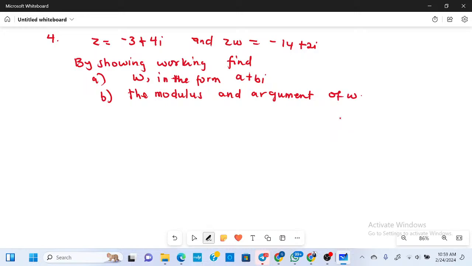So we have been given z to be equal to negative 3 plus 4i and zw to be equal to negative 14 plus 2i. We've been asked to find w.